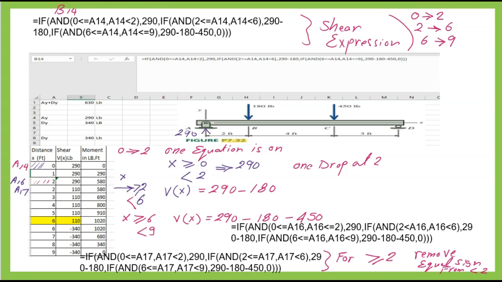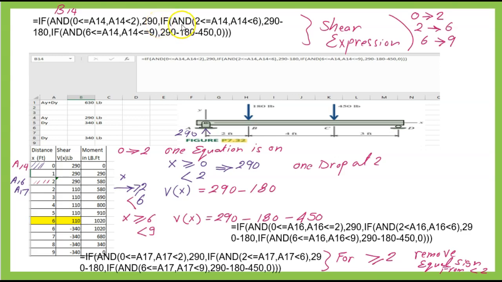The IF condition for cell B15 equals IF, and we open one bracket, we have A14 equals 0, comma, A14 less than 2, comma, 290. 290 is the AY value which we have started with.